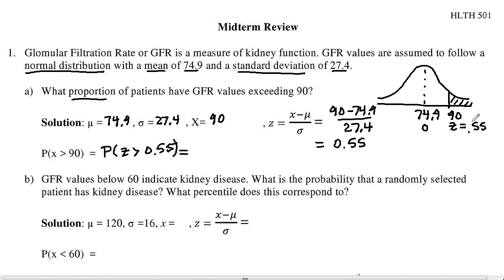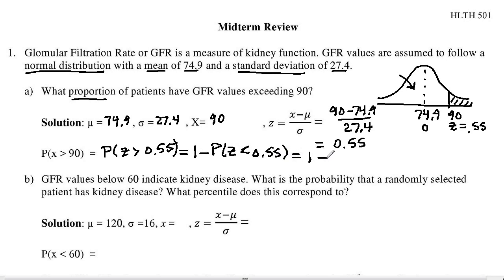So that would be to the right of the z-value, but the table tells the amount to the left. So the table's going to give this value right here of all this area to the left, and all of the area has to add up to 100%, or 1. So we've got to look at the opposite proportion. So 1 minus the proportion of z-values that are less than 0.55. That's what the table value will give us.